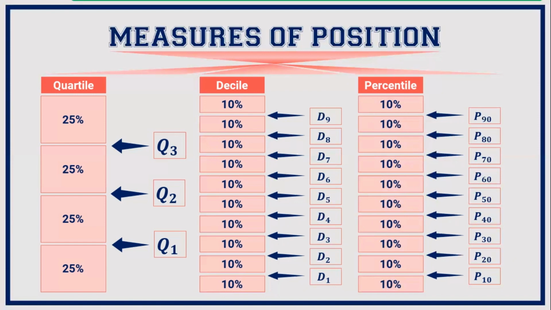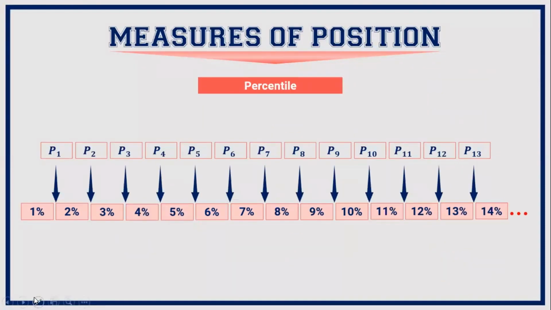If you want to show a specific 99 score points that divide a distribution into 100 equal parts, it will be like this. So I have here shown 1% until 14%. So P1 until P13 are the 13 score points that divide this distribution.